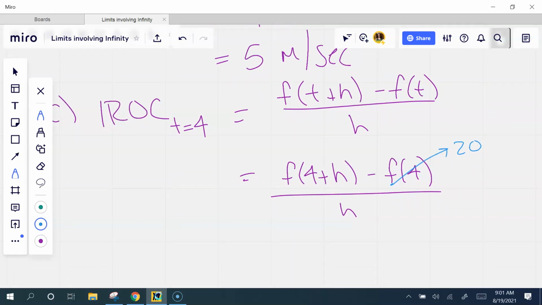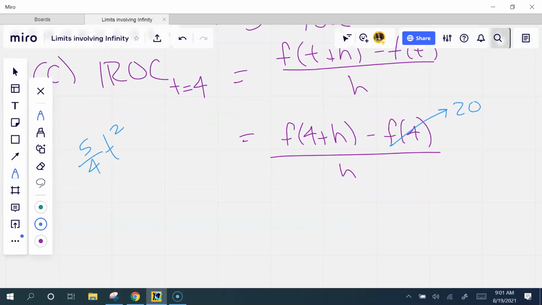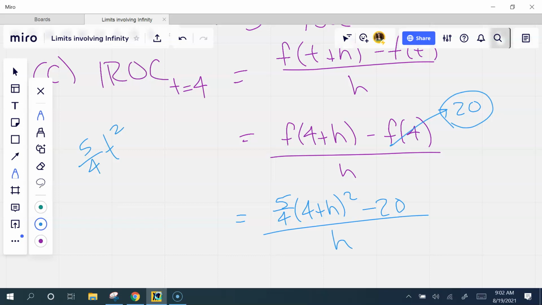Remember my equation is 5 over 4 t squared, right? So this is 5 over 4, 4 plus h squared, minus, I already know what happens when I plug 4 in that equation. I get 20. I did that in part B, right?